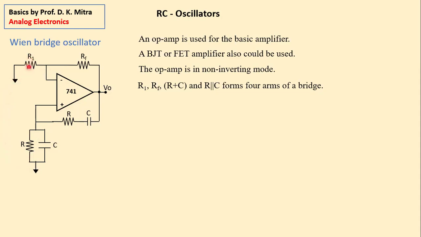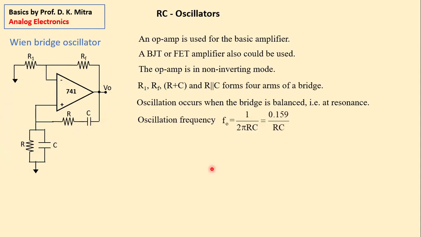So the four arms are R1, RF, RC parallel, and RC series. They form a bridge, and that's why it's called the Wien-Bridge oscillator. And this oscillator works when the bridge is balanced. The bridge is balanced and it is at resonance.